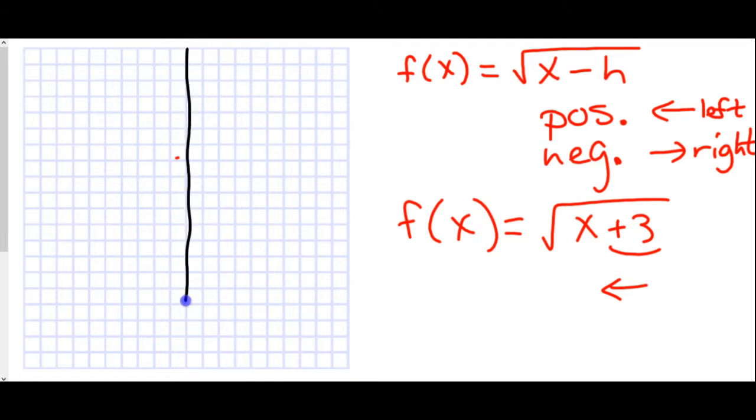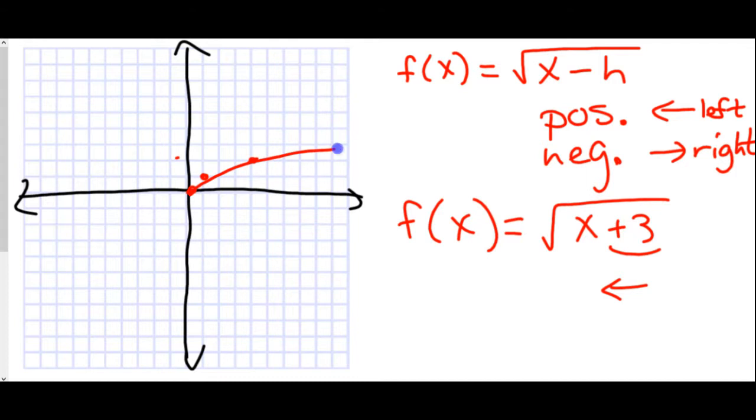So let me draw in my axes. Our parent graph starts at 0, 0, 1, 1, and 4, 2. Like I said, it's important you get those points kind of memorized or have them in your notes or something so that you always know where they are. And then it says move each of those left 3 units. So starting at 0, we would count 1, 2, 3.